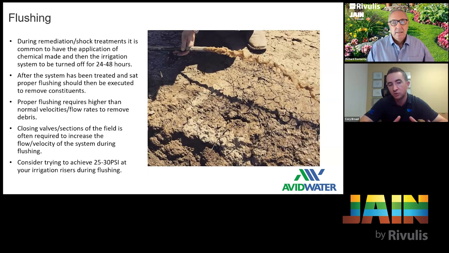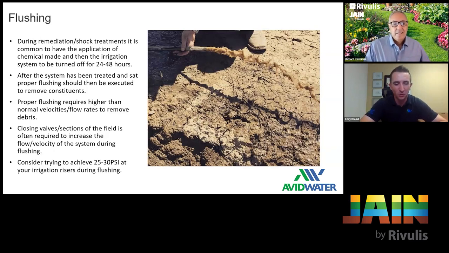So consider trying to achieve 25 to 30 PSI at your riser when the end of the line is open. That could be measured with a hose gauge. Maybe your irrigation designer, somebody at our company, can help you dial in some of those things. But the reality is just going out while the system is running in its normal state and opening up 10 hoses for a minute, that's probably not what we're recommending or what we're looking for.